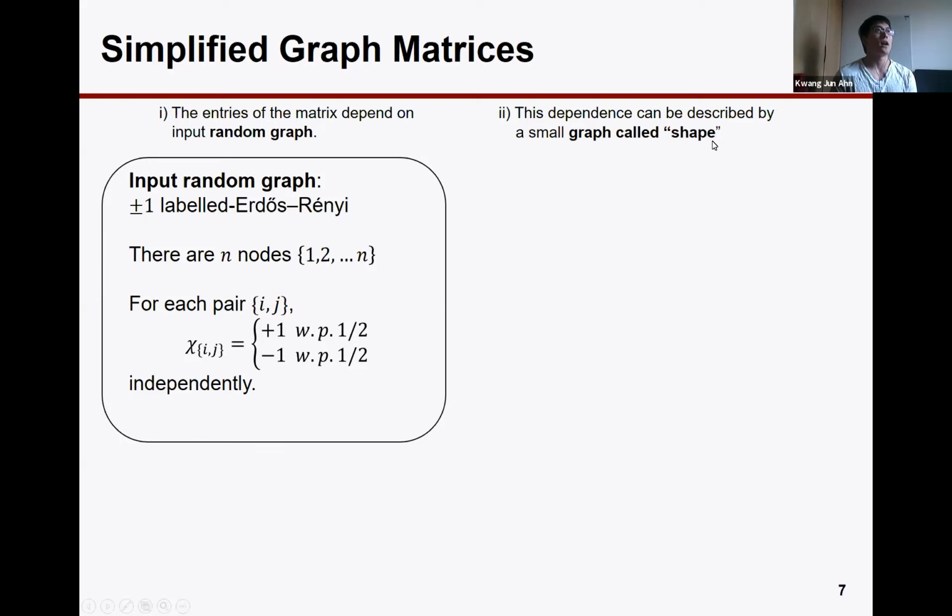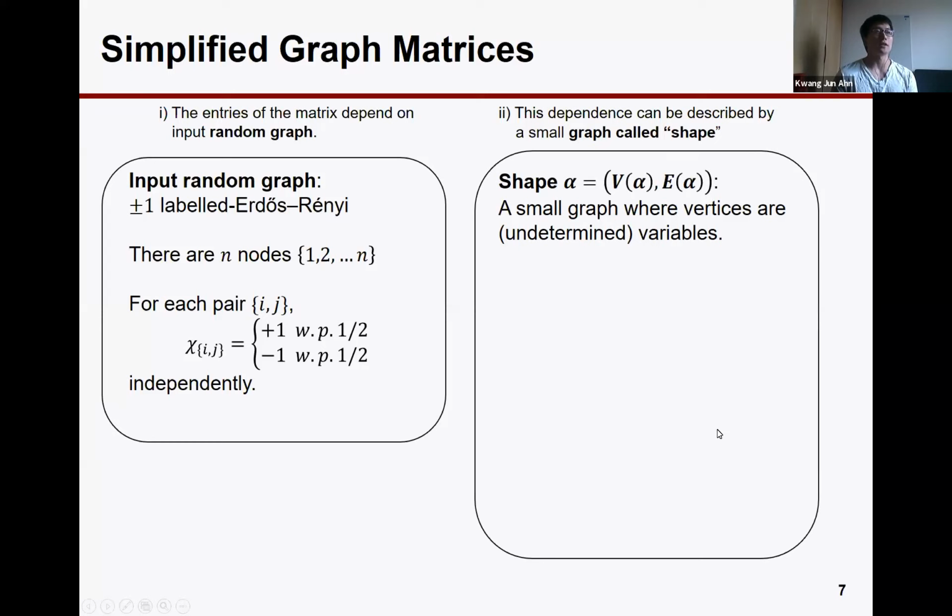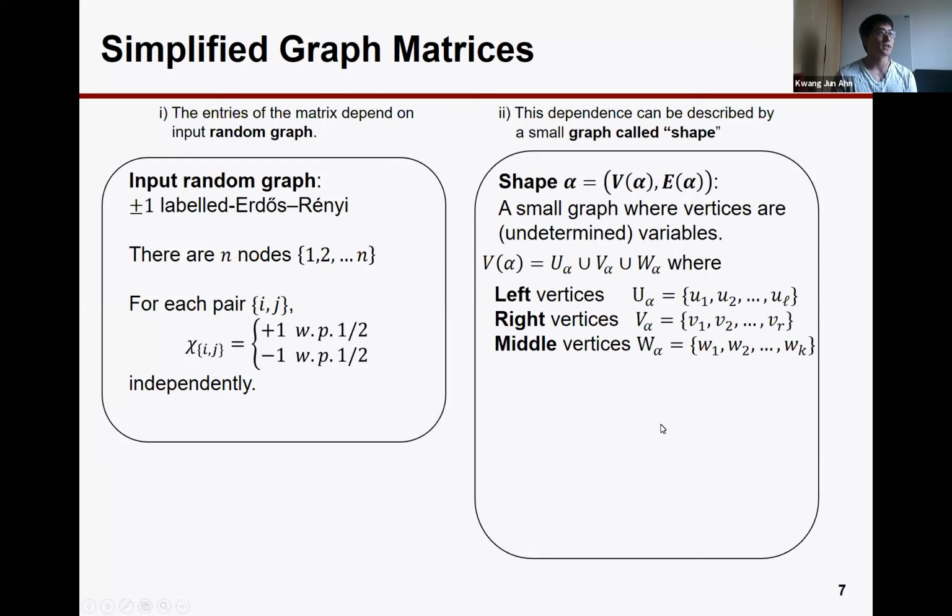And for the shape, the small graph that captures the dependency, we will consider the simplified setting where there's just a single type. But to make everything formal, a shape is a graph on variables, so vertices here are variables. And we're gonna call vertices left, right, and middle.